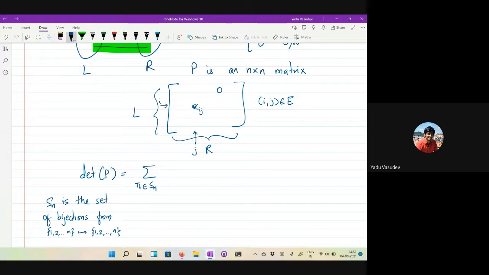A permutation is basically such a bijection. Look at all such bijections, and the determinant is nothing but (-1) to the power sign of pi, which I'll define now, times the product of P of i comma pi of i.